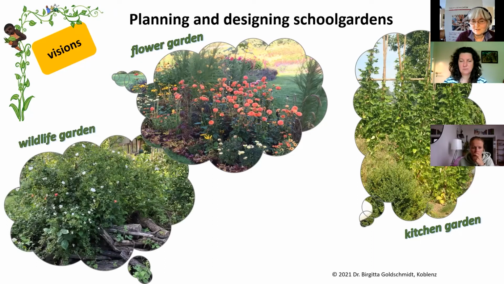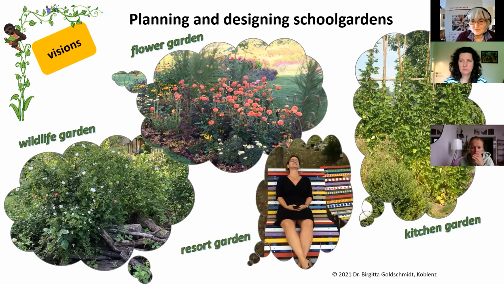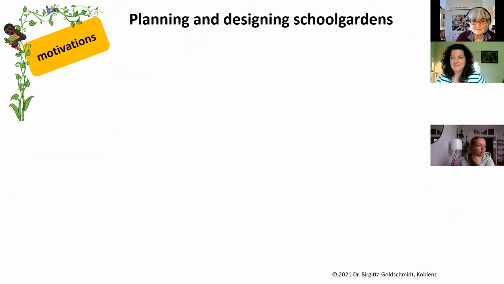Or do we think about a wildlife garden with several biotopes? Or do we have a vision of a resort garden, where, as we heard in the speech of Professor Retzlaff first, it has a very great impact on health and even on mental health? So these are the different aspects and visions of a garden we may have before we begin to plan a garden.